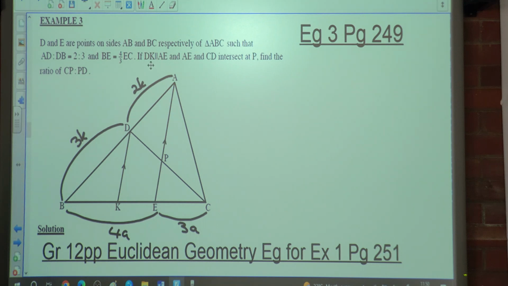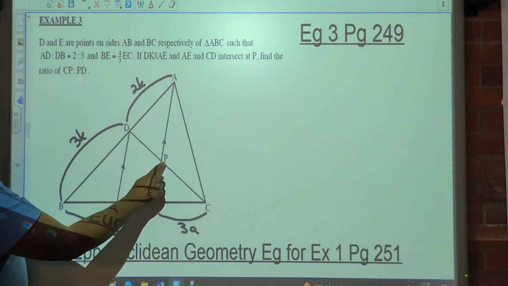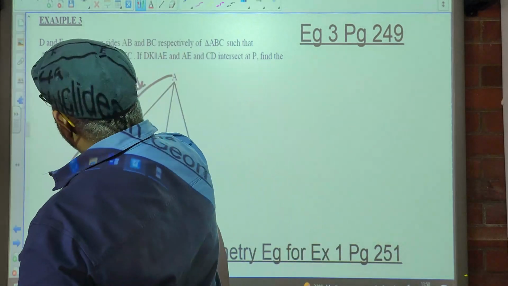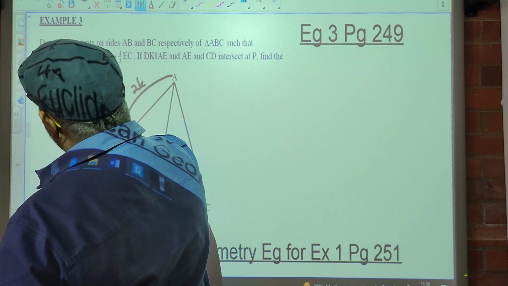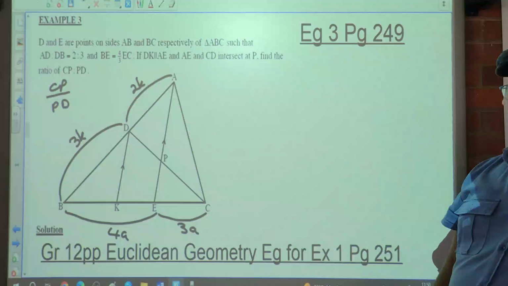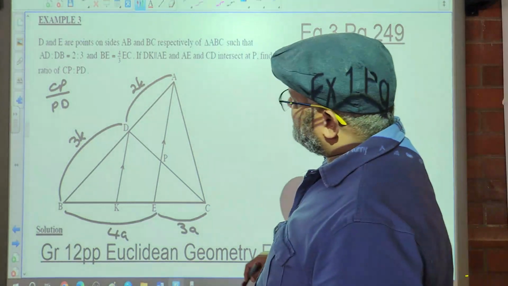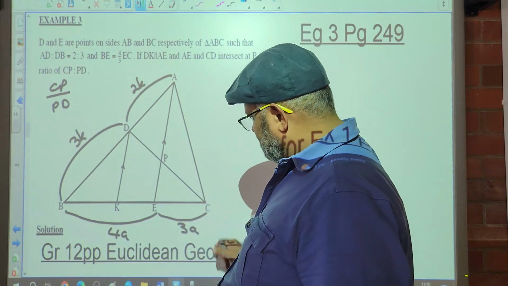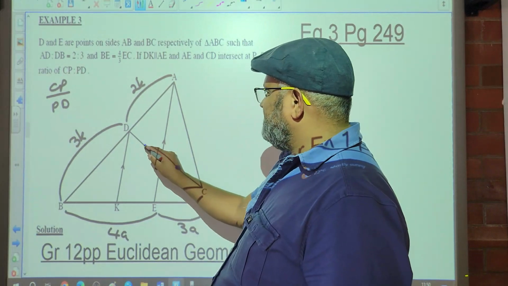Then the question says AE and PD intersect at B. Find the ratio. So this to us is the same as CP over PD. That's what they want you to calculate. So if you're going to investigate, where's CP? There's CP, and PD is here.